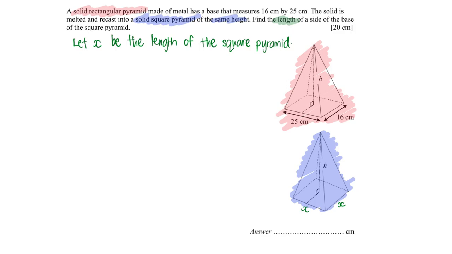Now very importantly, it is the same rectangular pyramid that is melted and recast to become this. So what is the main thing? That is a very important thing. Does the volume change? Is it the same volume for these two solids?